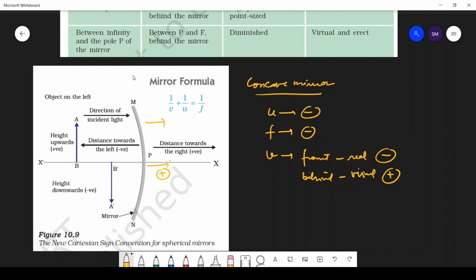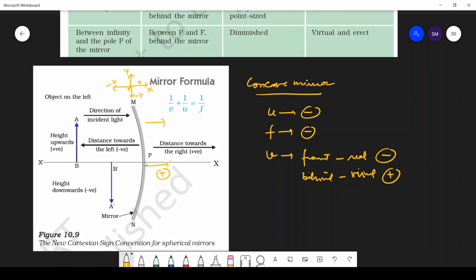One more thing you can assume, that this is your coordinate plane, the xy plane. So this is the x-axis, this is the y-axis. This is your pole, which is your origin, and this is your negative x-axis. If you are moving from the pole in this direction, it will be positive. If you are moving in this direction, it will be a negative distance. If you are moving upward, it will be positive. If you are moving downward, it will be negative.